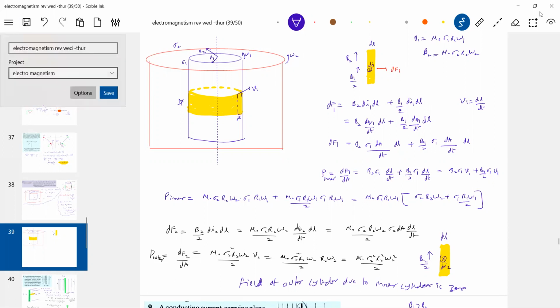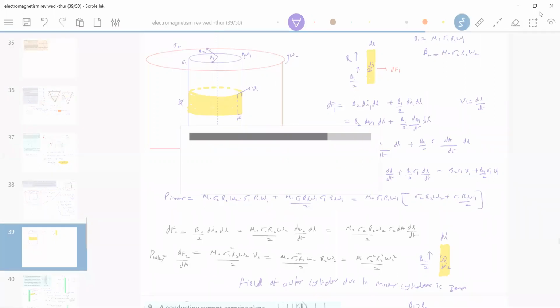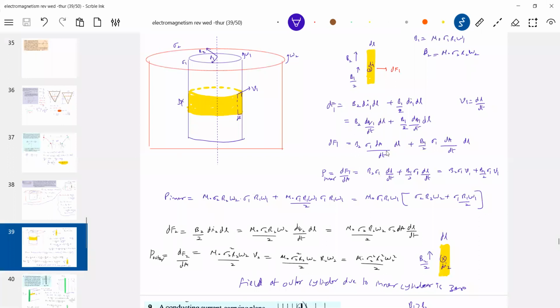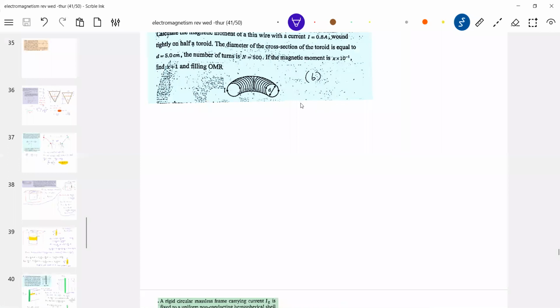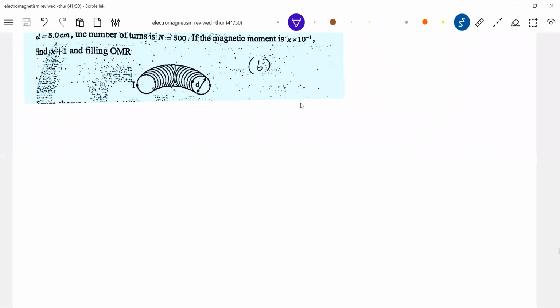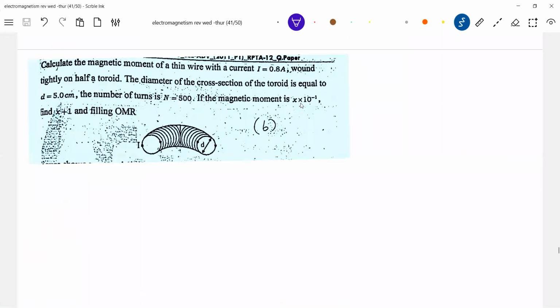Okay, so we'll take the next question again. It took a lot of time. Please do revise for advance. So there is a possibility of asking. No, there's a toroid. So this particular thing is bent.